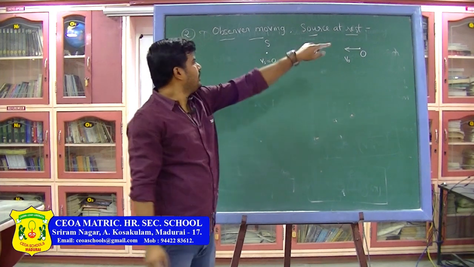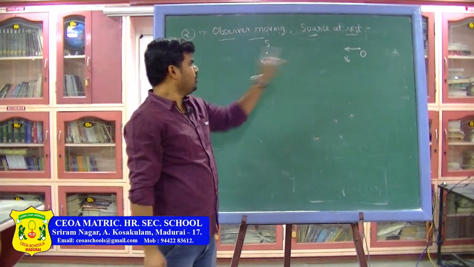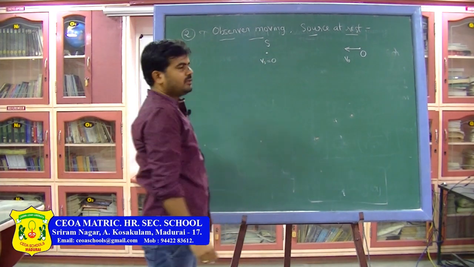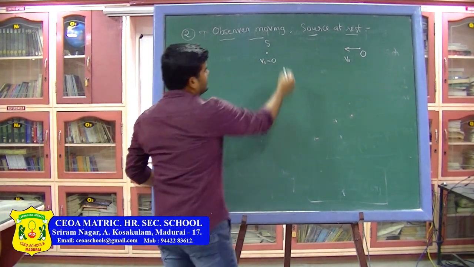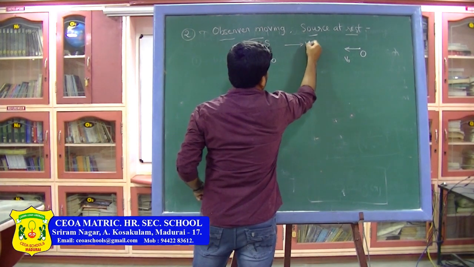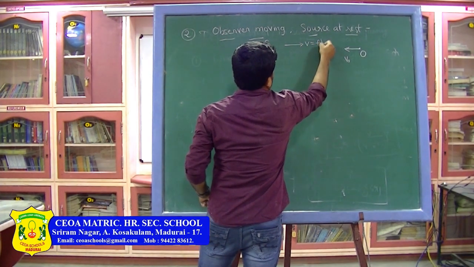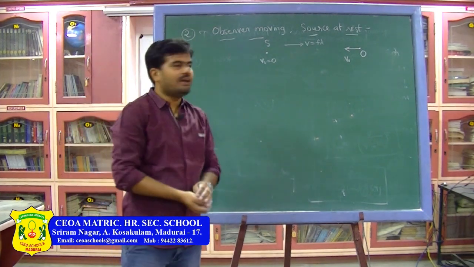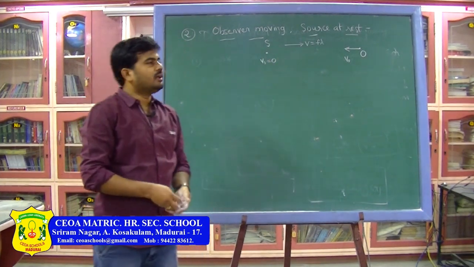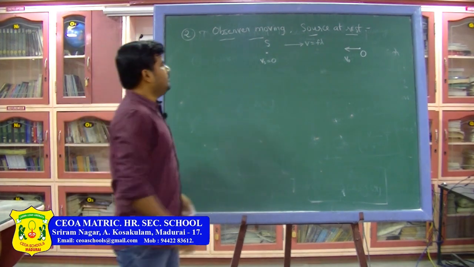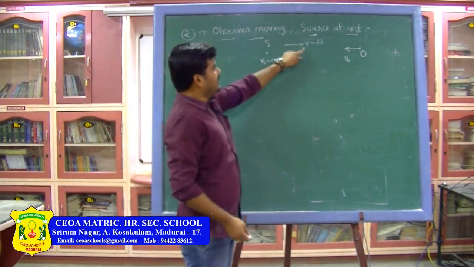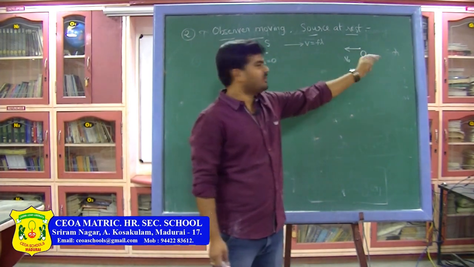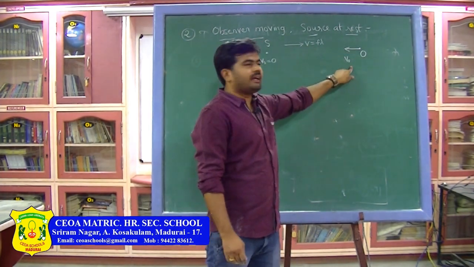Now the observer is moving towards the source, and as the source produces sound, that sound will travel towards the observer in this direction with a speed v equal to f lambda, where f is the actual frequency of the source and lambda is the actual wavelength of the source. Now if you observe clearly, the speed of sound is towards the right, so if I take the right side as the positive direction, the left side will be the negative direction.